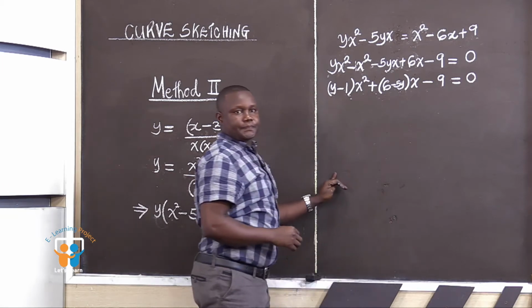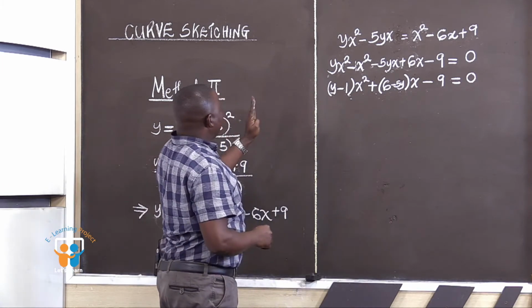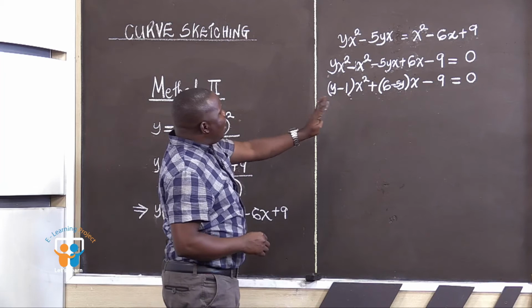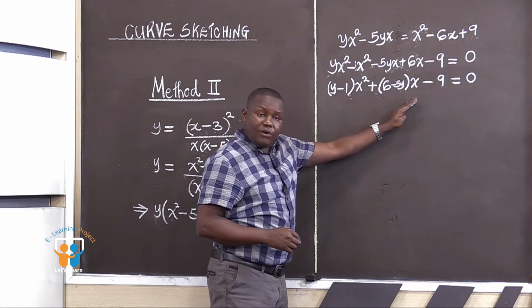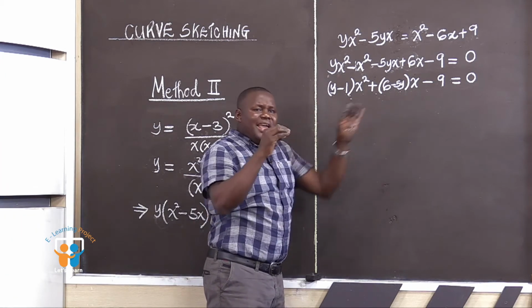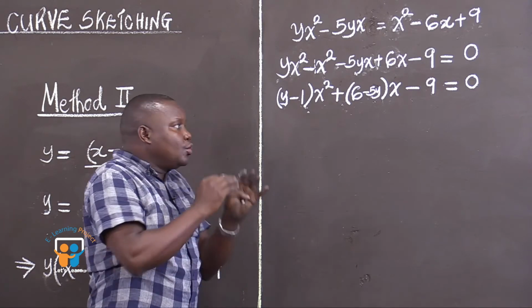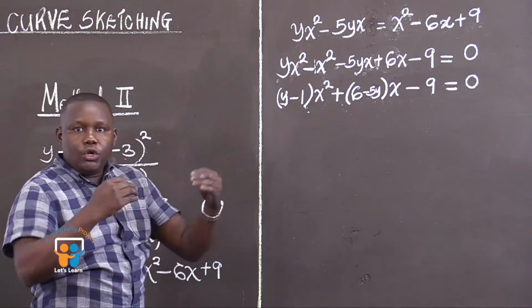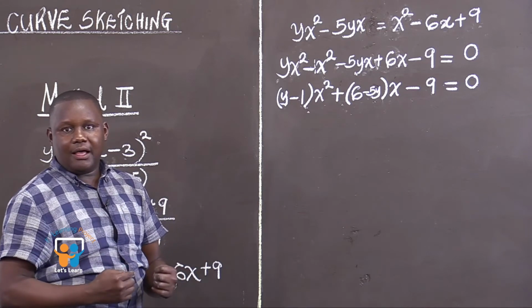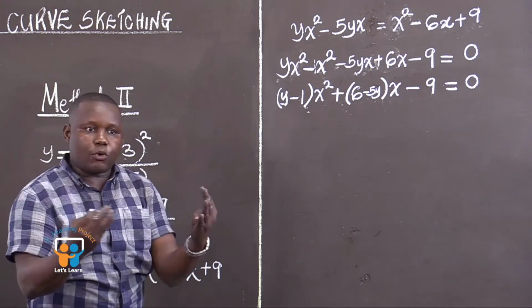Now remember very well that we need to apply the quadratic formula. However, in A-level or advanced mathematics, you do not need to state it. We know you already know it. You're going to simply apply the quadratic formula.